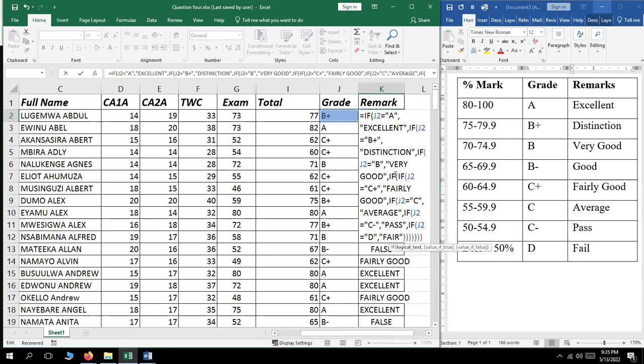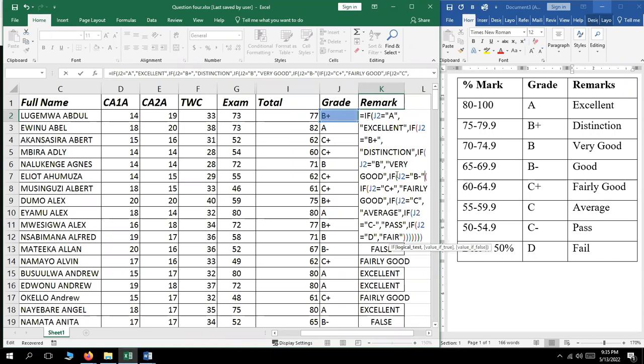But it has to accept anyway. IF J2 equals, open quotes, B minus, close quotes.